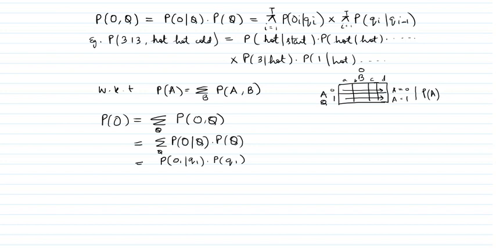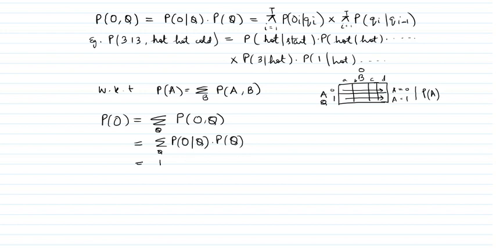Right, so since we are iterating on Q, it will actually be all sequences of states.